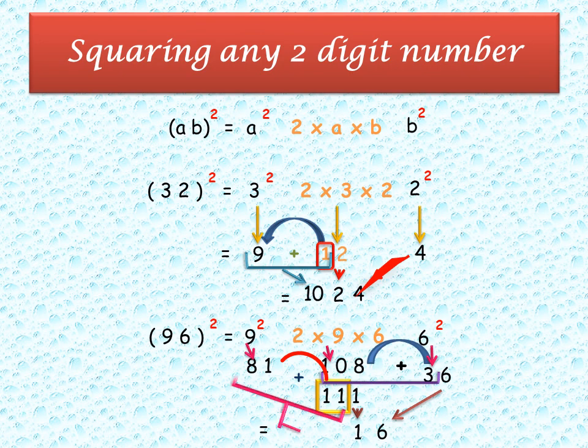And after adding 81 with 11, we will get the answer 92. So our answer is 9216 for 96 square. So friends, if you follow this trick, it will be very easy for you to do simplifications.